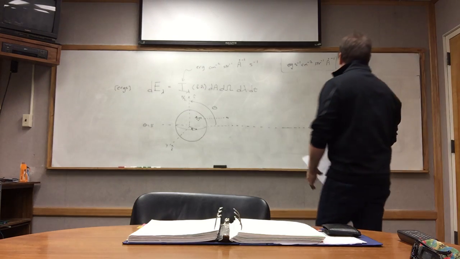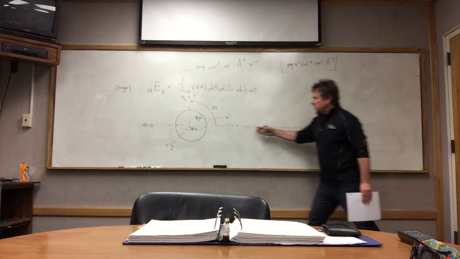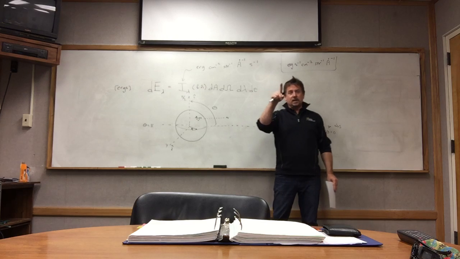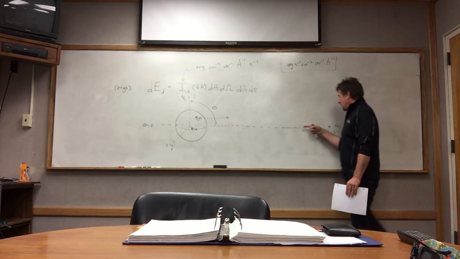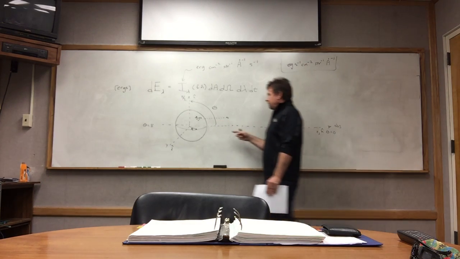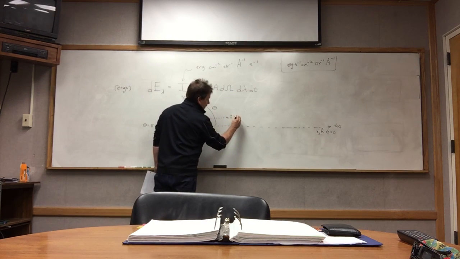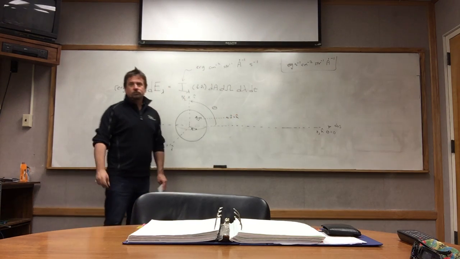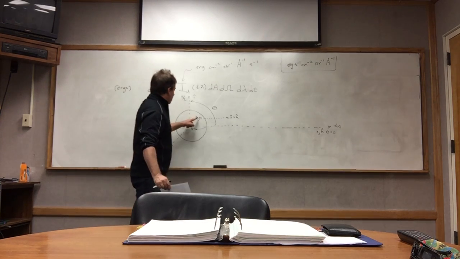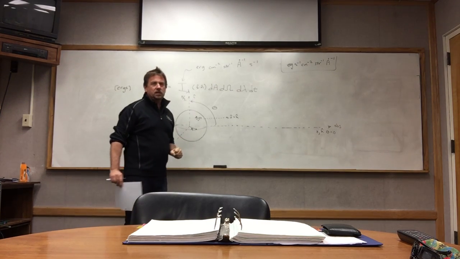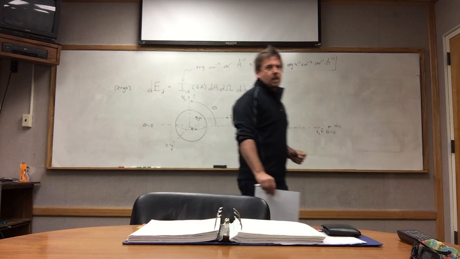We've defined it to make it simple. We are out here in the k hat direction. So we are only going to see photons for which s hat equals k hat. A photon that comes off in that direction, we're never going to see. We can't measure it.